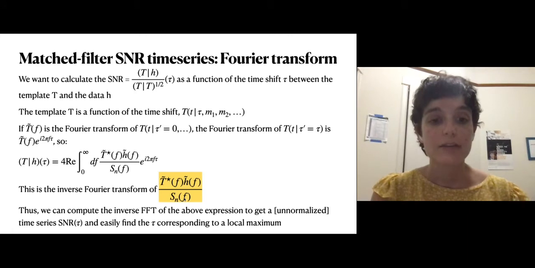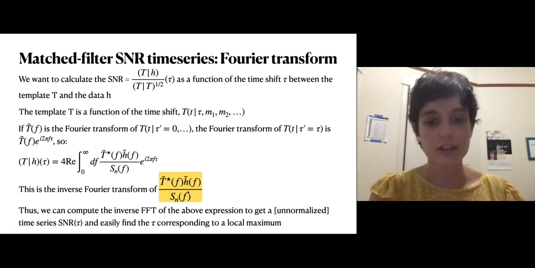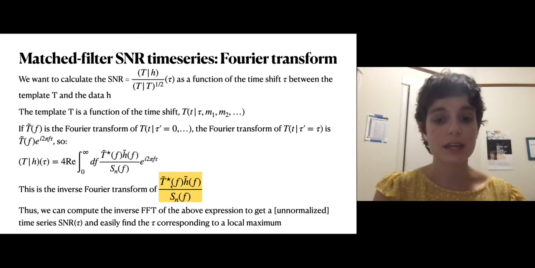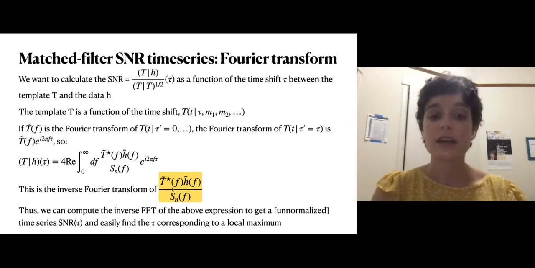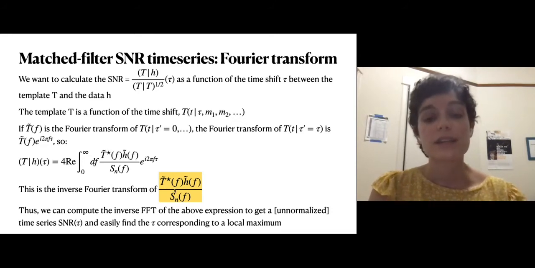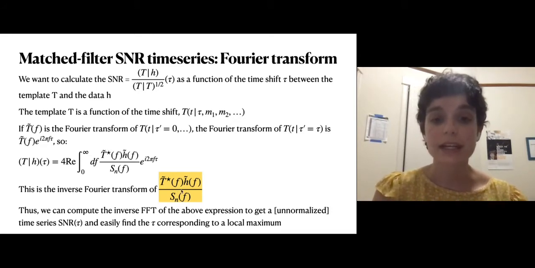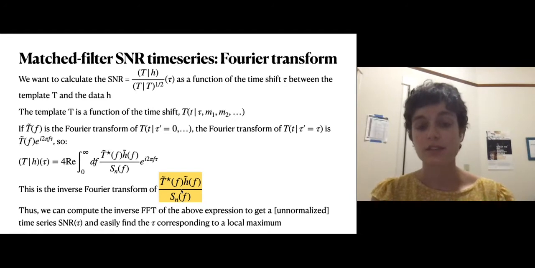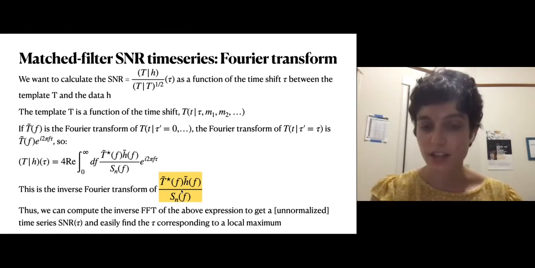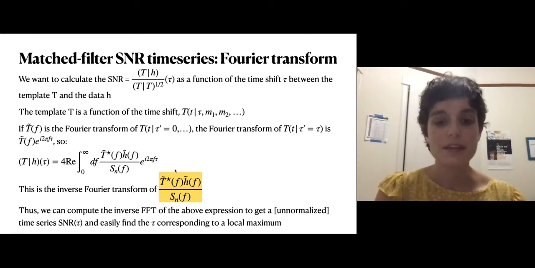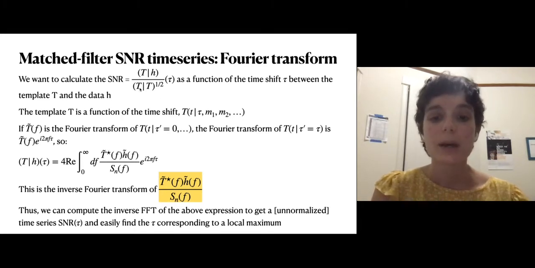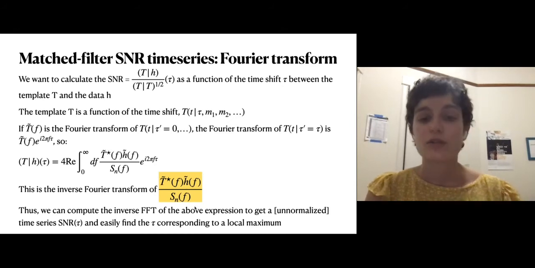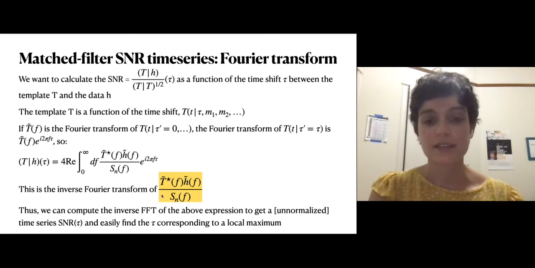So if we can take the Fourier transform of everything, work in the frequency domain and compute this, and then take the inverse FFT, this gives us the time series. This actually gives us something that's proportional to the SNR time series, because this neglects the normalization term in the denominator. But for finding peaks in the SNR time series, this is good enough.